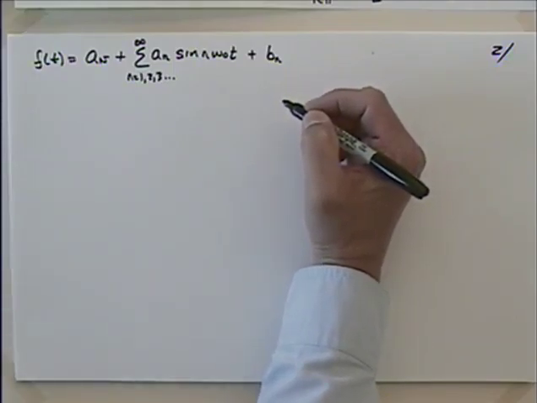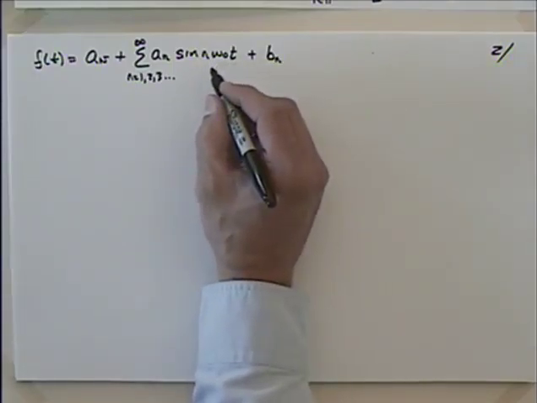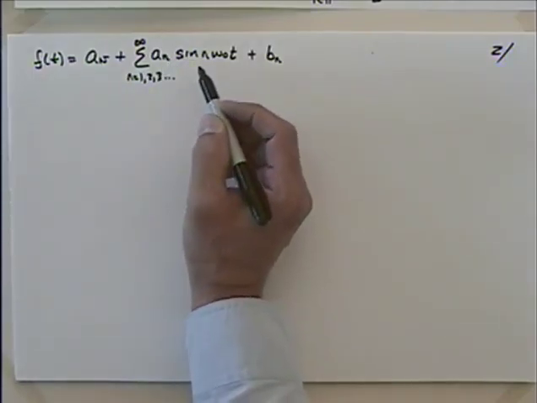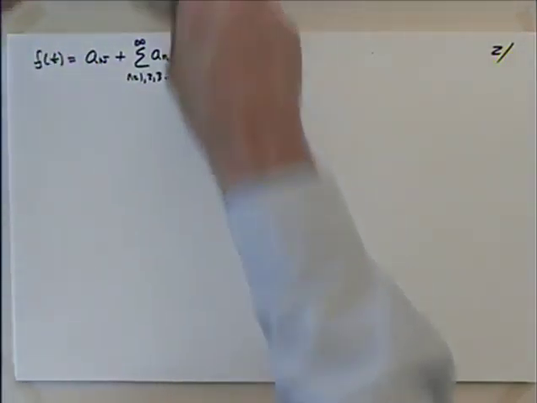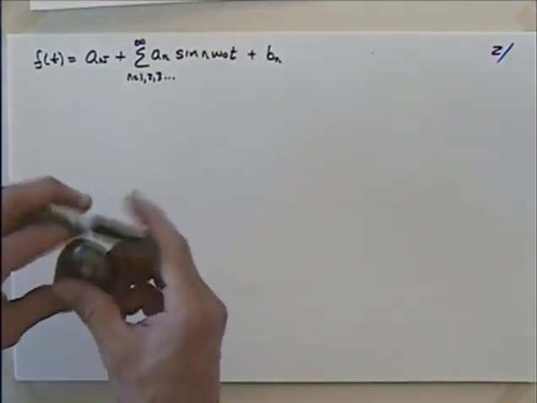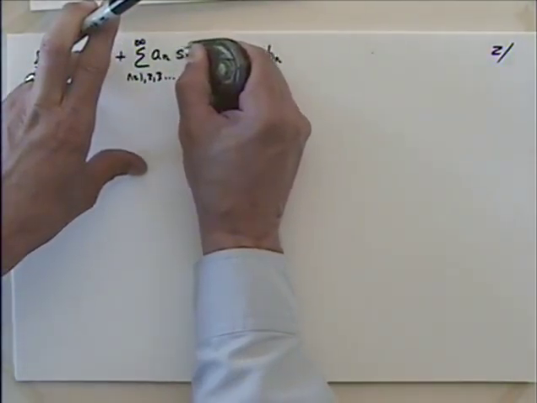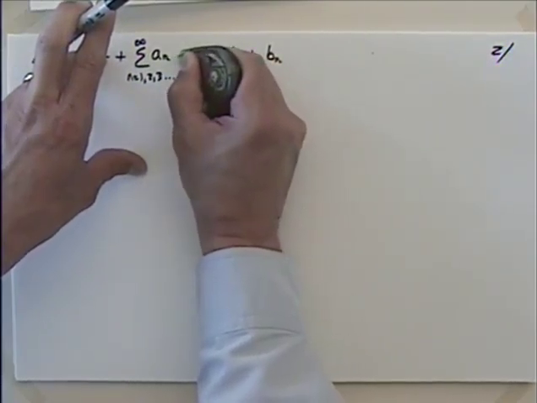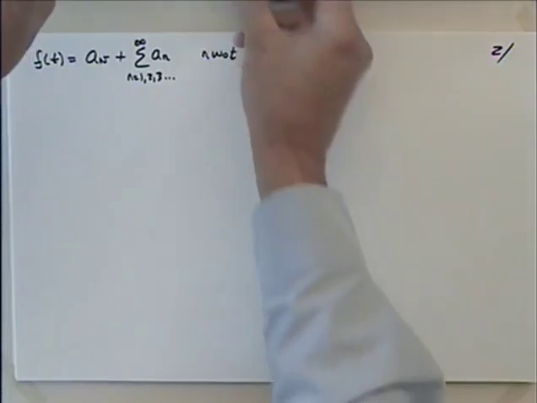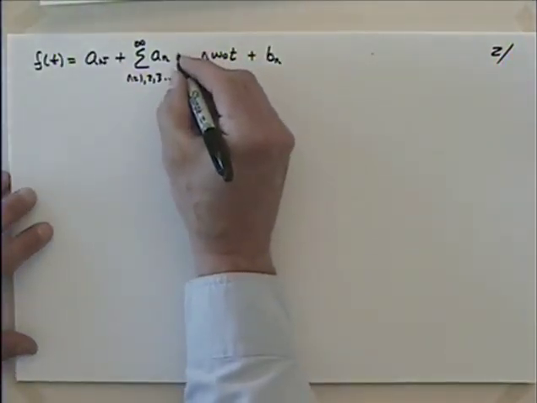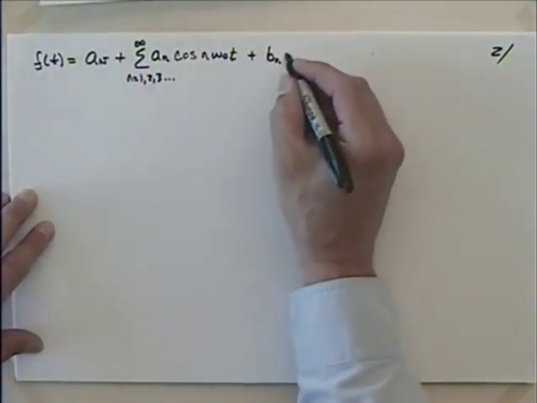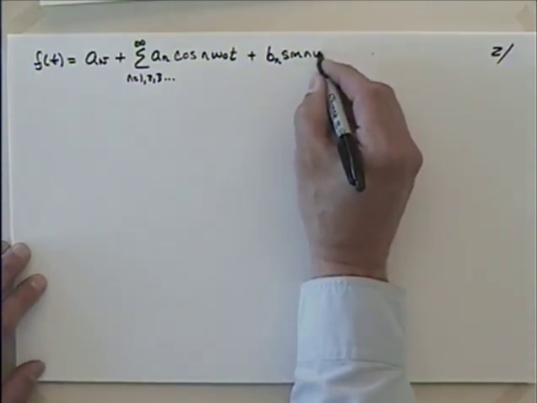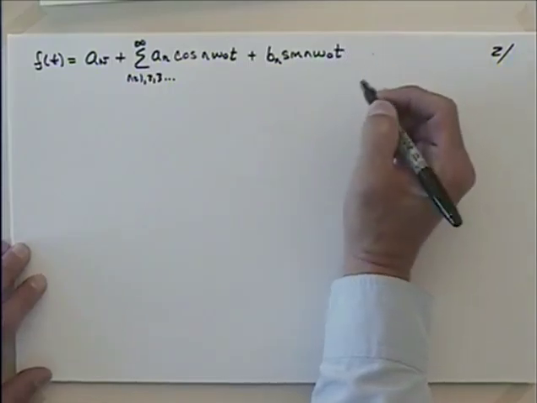Oh yeah, I'll switch to n when I get in here, so I'm not too worried about that. But this should be cosine here, shouldn't it? Yeah, cosine. And the n omega naught t is okay. So I've got a sub n times cosine n omega naught t plus b sub n times sine n omega naught t.